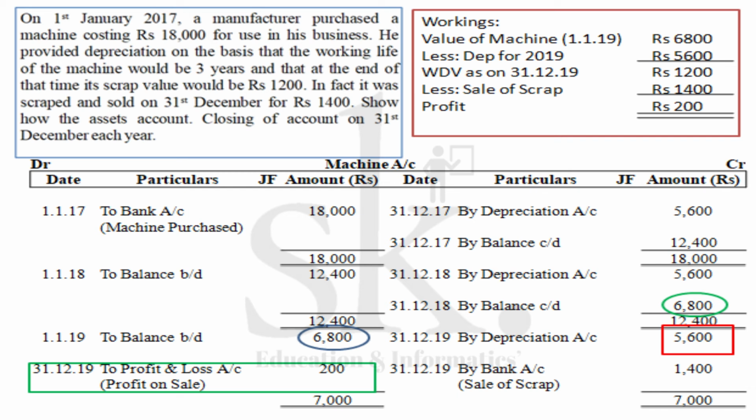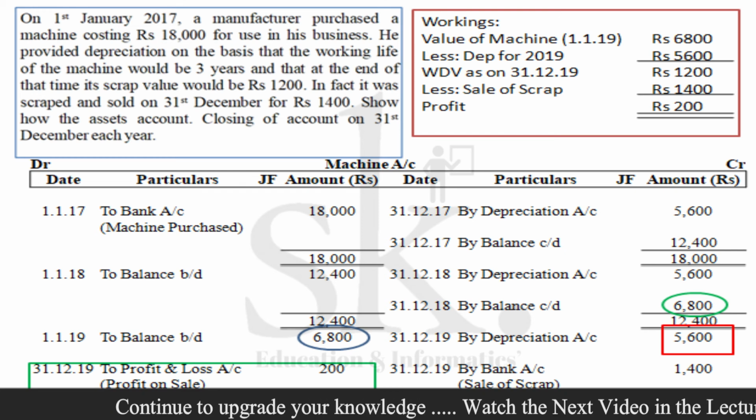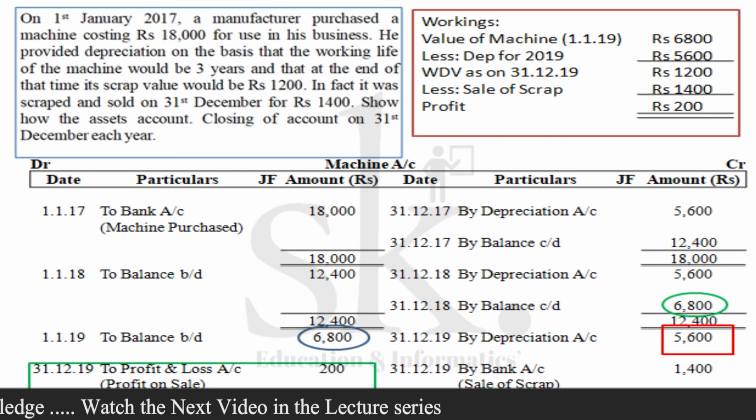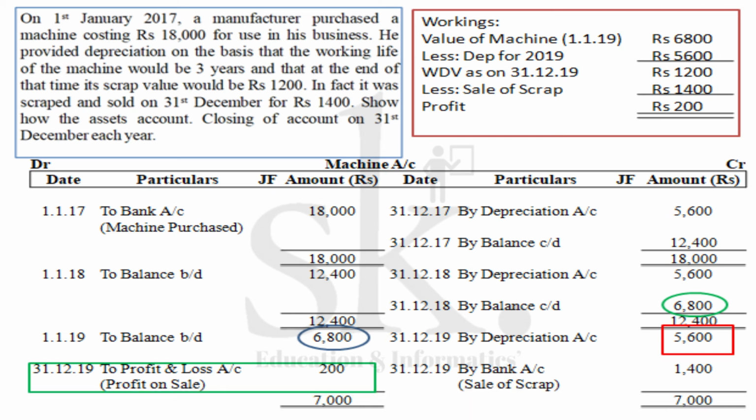So in the machinery account, it has to be debited on 31/12/2019 to profit and loss account, profit on sale 200. Kindly note, if it had been a loss, then the journal entry would have been bank account debit, profit and loss account debit to machinery account. Since it's a profit, it's bank account debit, machinery to profit and loss, and that is the reason it has been recorded on the debit side.